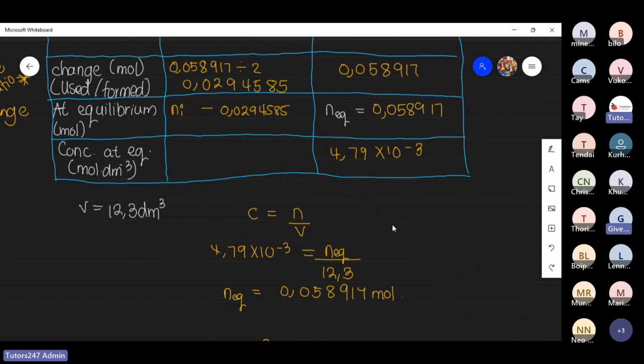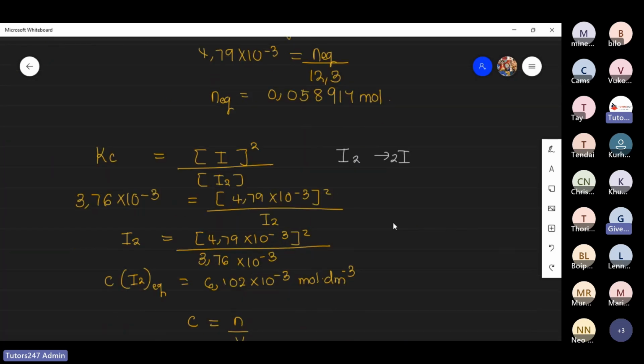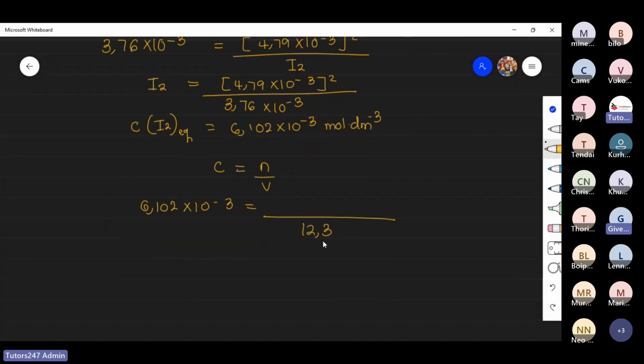So our number of moles at equilibrium is n initial minus 0.0294585. So that is what we are now going to substitute in place of number of moles at equilibrium.